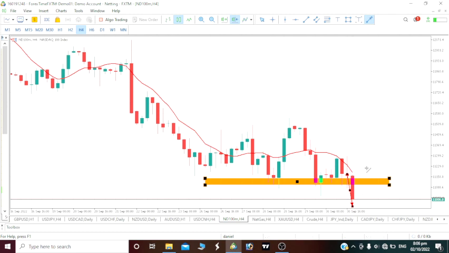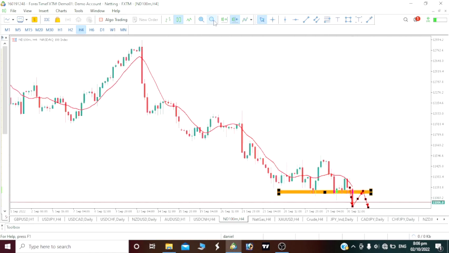Of course, once price is ranging and breaks below a support level, price tends to come to test that same level again. So now that this price has broken below the support level, we should be expecting price to come test this support level again. So maybe once the price has tested it, then we can enter to short this NASDAQ 100. Maybe that is how you can take the trade if you want.